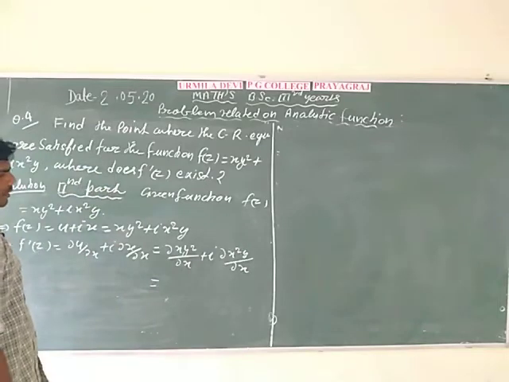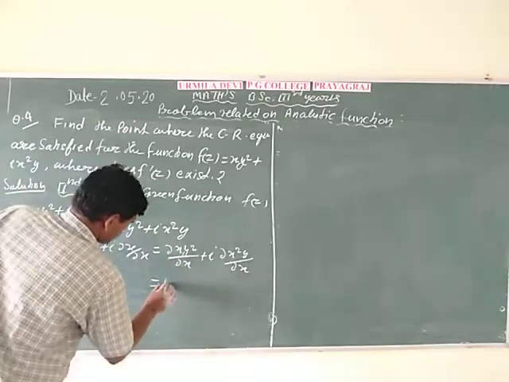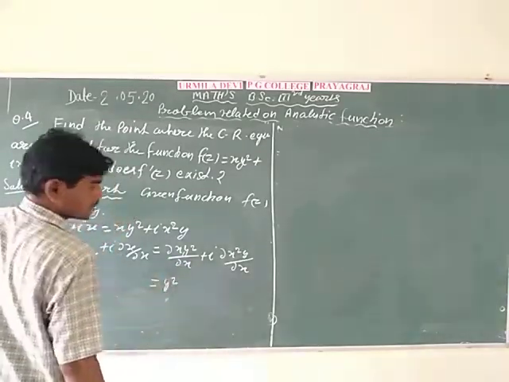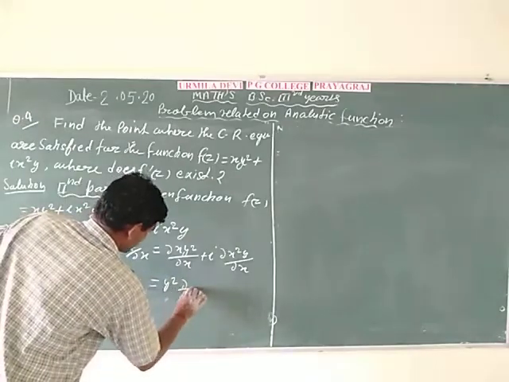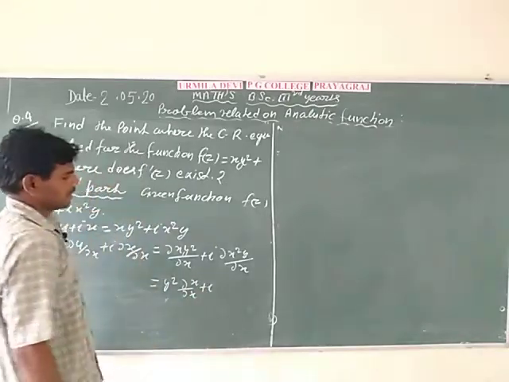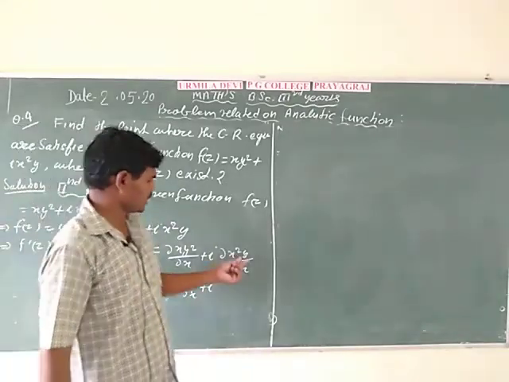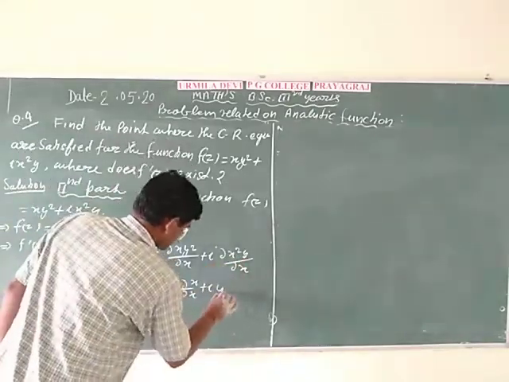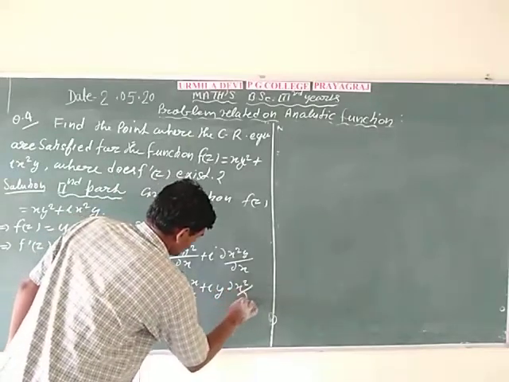So y is taken as constant and taken outside the differentiation because it is constant, and we write del x by del x plus i times, in the second part y is constant, so taken out of the differentiation, and we write del x square by del x.